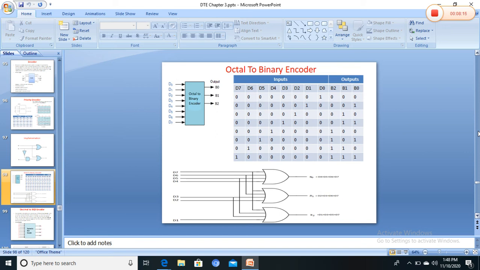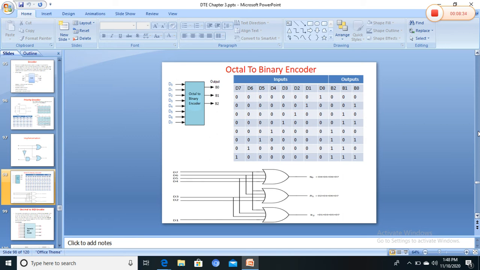For B0, the input lines considered are D1, D3, D5, D7, so the equation for B0 is D1 + D3 + D5 + D7. Next, for B1 it is D2, D3, D6 and D7.